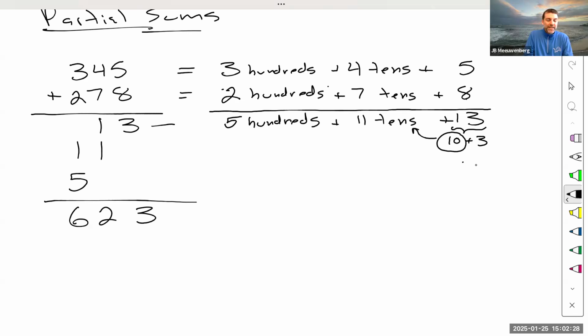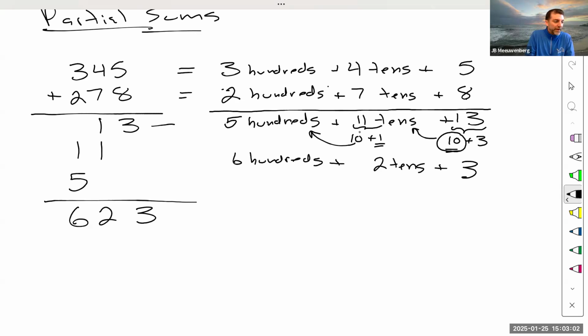And so we bring down the 3, and, oh, look at that, there's a 10 plus a 1. This is going to shift over into the hundreds column. So we have a 10 here plus the 1 ten there. So what we have is 2 tens, right? There's regrouping happening here. And then this 10 comes over here and becomes a 100. So every time it shifts over, it becomes one of the next column. And so we've got 6 hundreds. So you can see this regrouping, right?